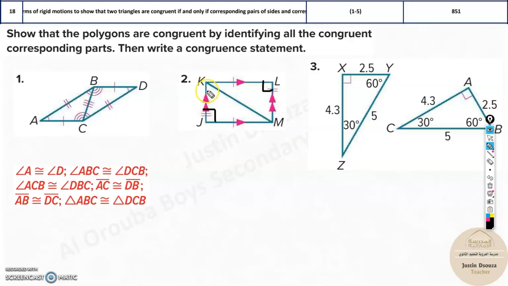Whenever you have parallel lines, you must know alternate interior angles are congruent. So K over here is equal to M. So let's write the congruency statement. I'll write just over here randomly the first triangle, K, M, and J. You can write it any way, but look at the options, okay? Sometimes I can write this as ACB as well.